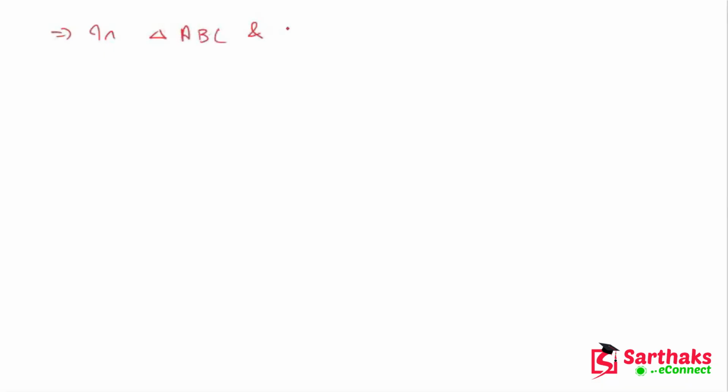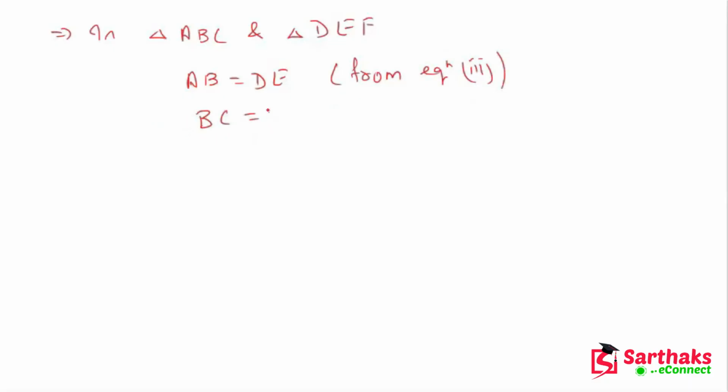Yes. So now in triangle ABC and triangle DEF, we know that AB is equal to DE. This is from equation 3. Now we know that BC is equal to EF. This is given. AC is equal to DF.